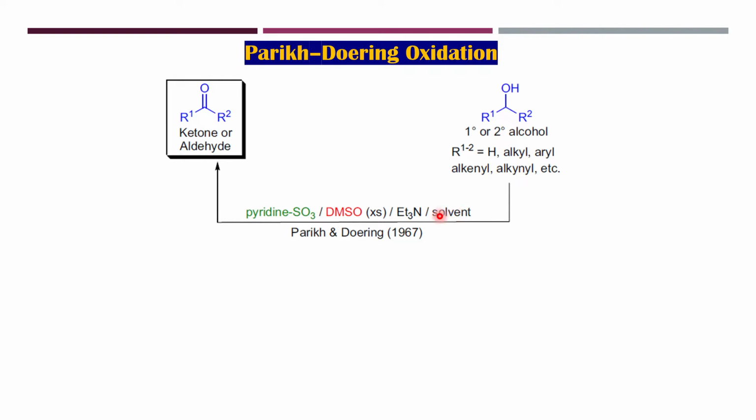Most of the times it is going to be acetonitrile, triethylamine. The oxidizing reagent is pyridine SO3 in presence of DMSO. So we are activating again DMSO over here using the SO3, and that leads to the formation of the aldehyde or ketone, depending whether it is primary or secondary alcohol.